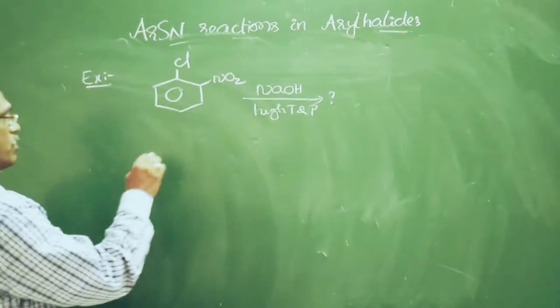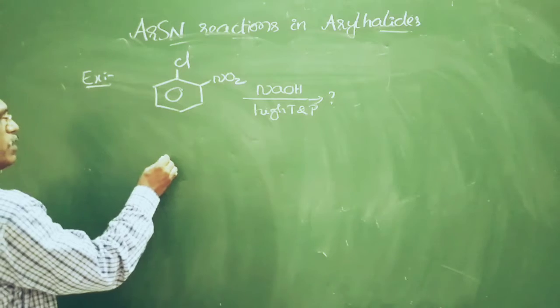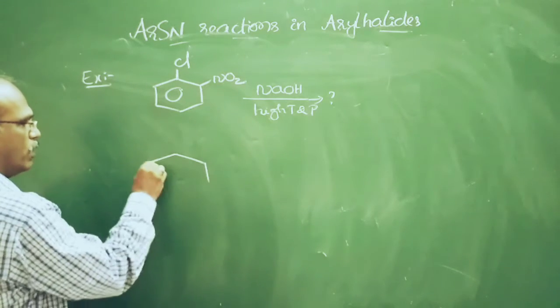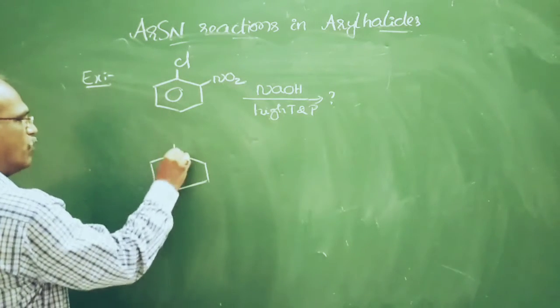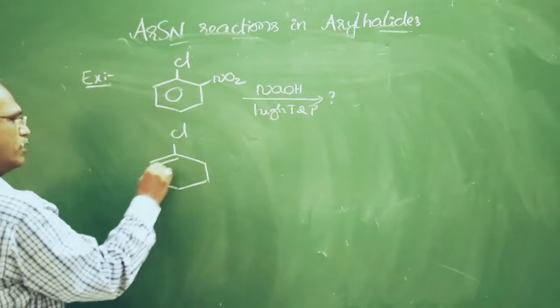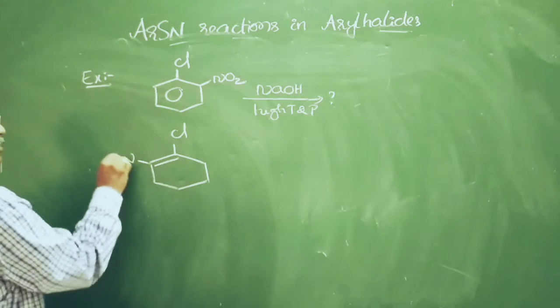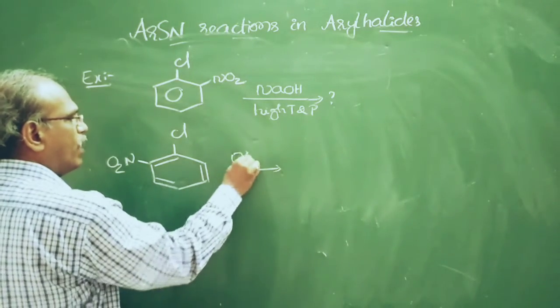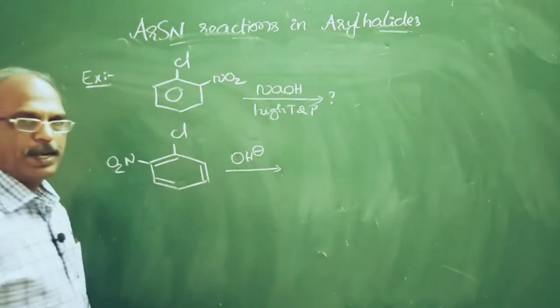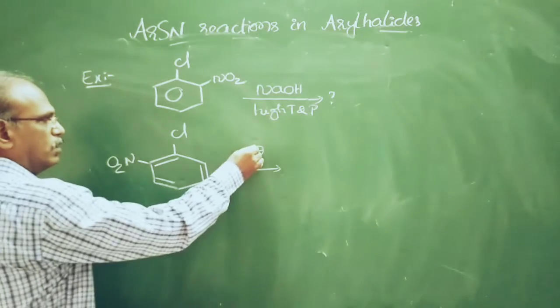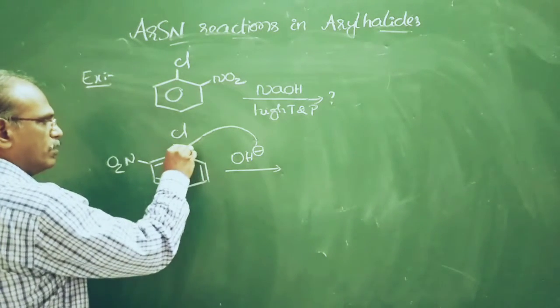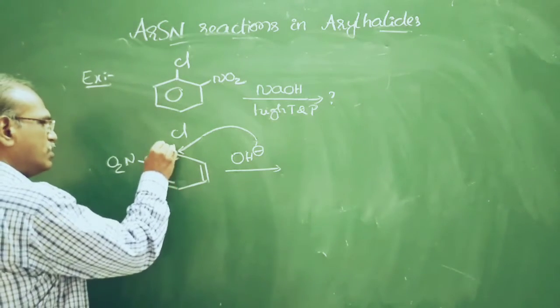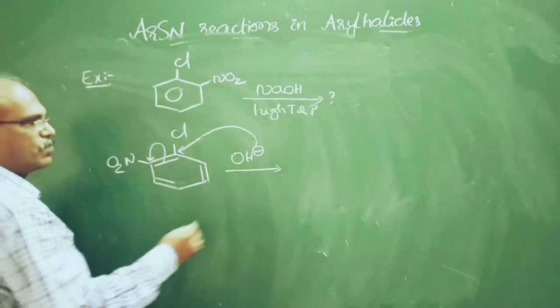This is a different mechanism, not the benzyne mechanism. For the sake of convenience, I am taking this. Here the nucleophile attacks on this carbon. Simultaneously, these electrons move on to this.